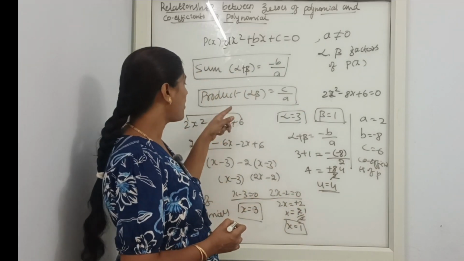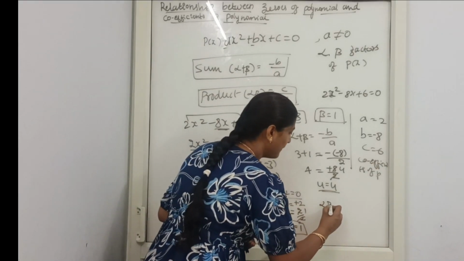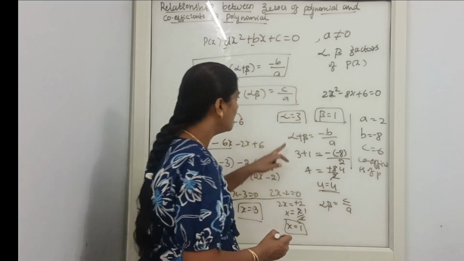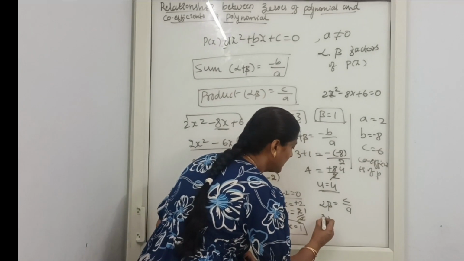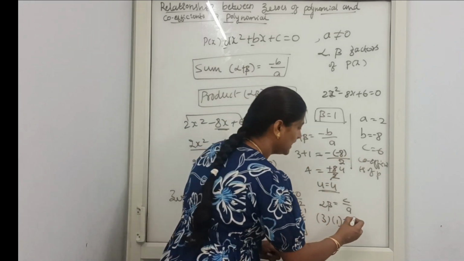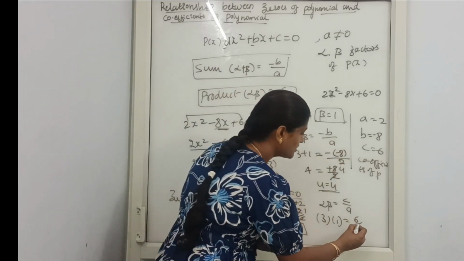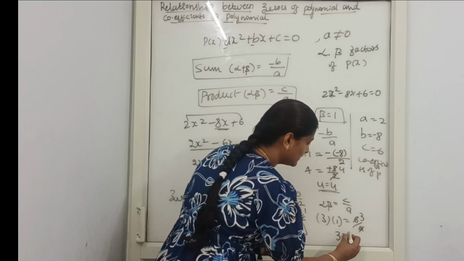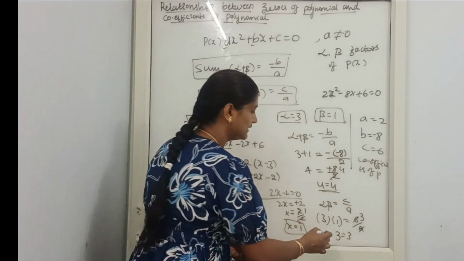Let us check for the product. Alpha beta, what is the formula? C by a. Alpha is 3 and beta is 1, and c by a, what is c? 6, a is 2. 2 threes are 6, so 3, and 3 into 1 is 3, and this is also 3.